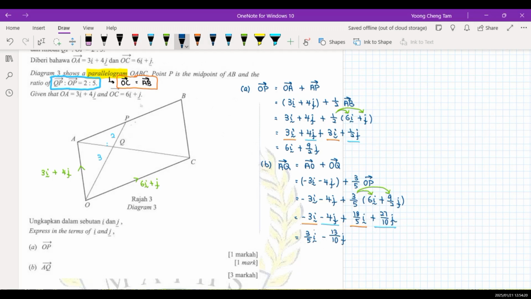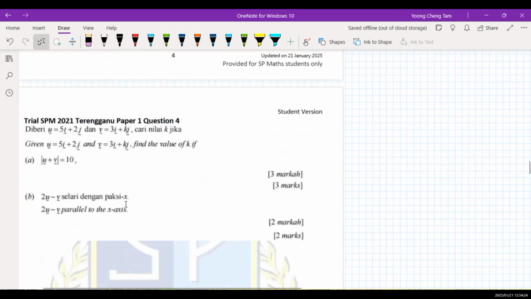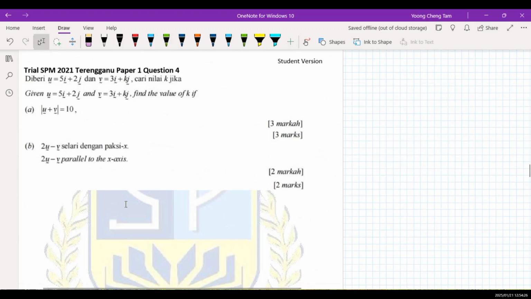Okay, now let's go to the next question. This question comes from Terengganu. Given that vector u is equal to 5i plus 2j and vector v equal to 3i plus kj, find the value of k if the modulus of u plus v is equal to 10.